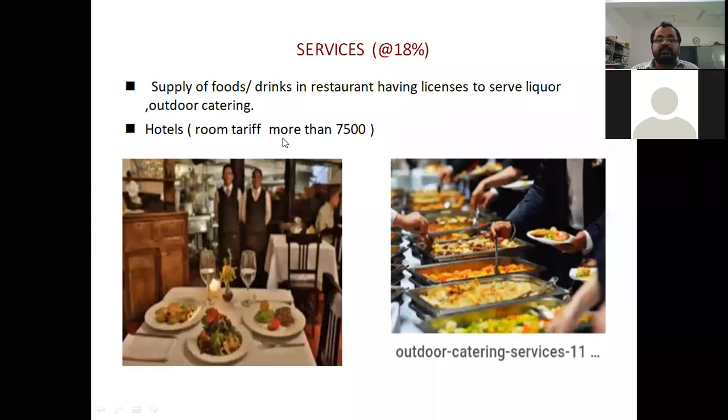Then services at 18%. These are some examples: supply of food and drinks in a restaurant having a license to serve liquor, and outdoor catering. These services come under the 18% GST rate. And hotels, especially lodging with room tariff of more than rupees 7,500, the 18% GST rate is applicable.